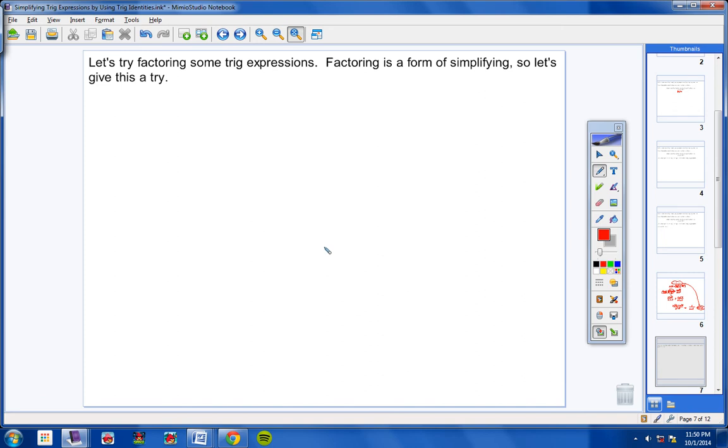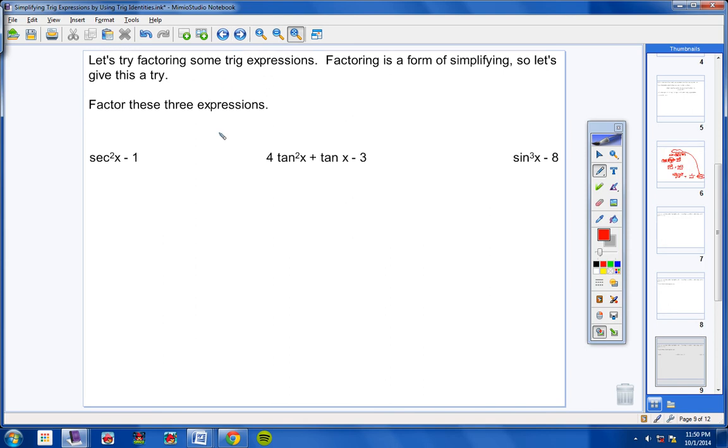All right, now let's try factoring some expressions. Factoring is a form of simplifying, so let's give this a try, okay? All right, let's factor these 3 expressions. Here we go. All right, let's take this one first here. Now, notice it's a binomial. We have 2 terms, 1, 2, and notice they're both perfect squares.